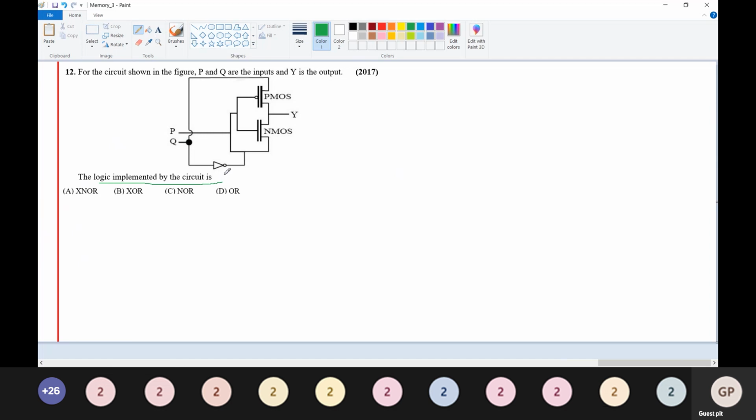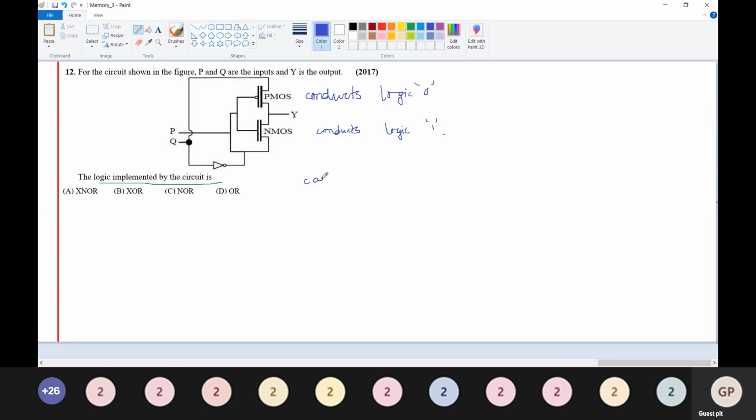You know that the PMOS conducts at logic 0, and the NMOS must conduct at logic 1.